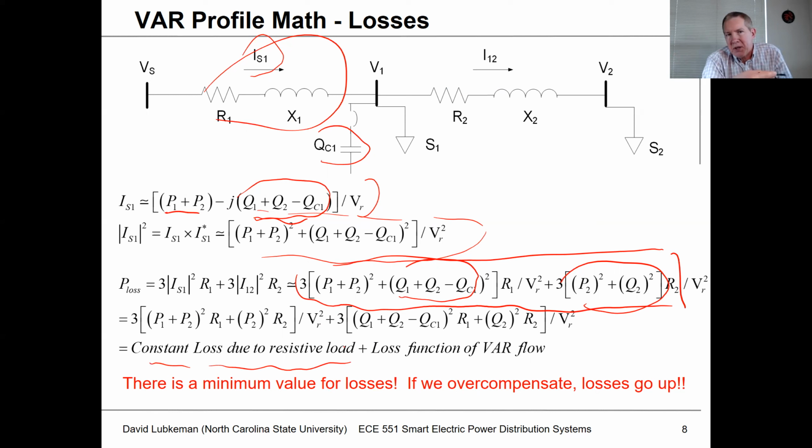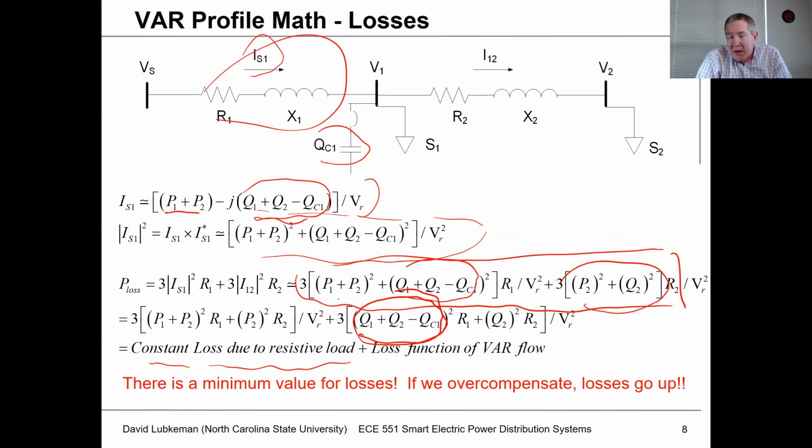It's just because of the way we have our circuit set up, due to line resistance and the real part of the load. However, if you look at this second part here, this is something I can change. I have the ability of changing that value. In fact, I can actually make that value 0.